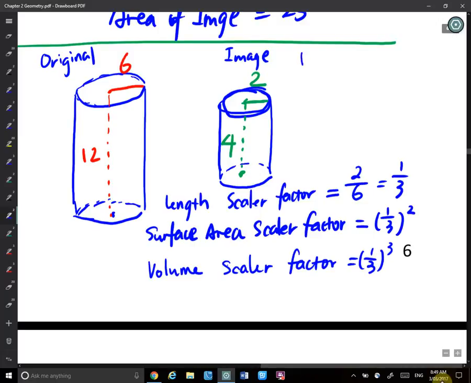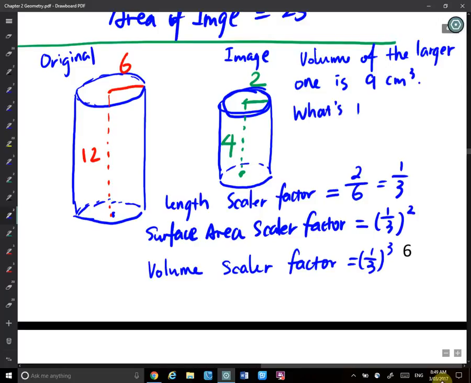Let's say the volume of the larger one is 9 centimeters cubed. What's the volume of the smaller one?